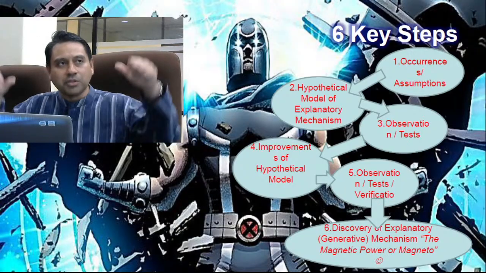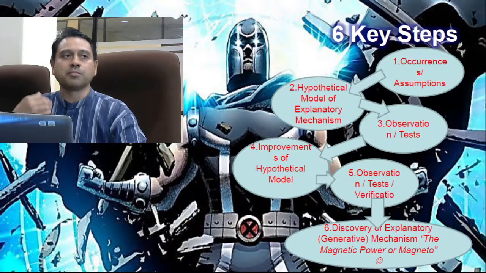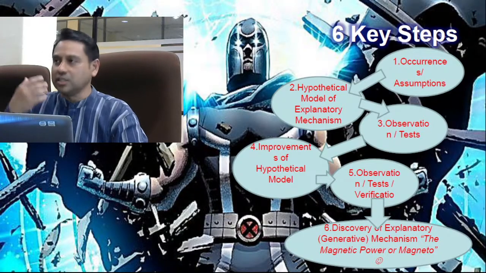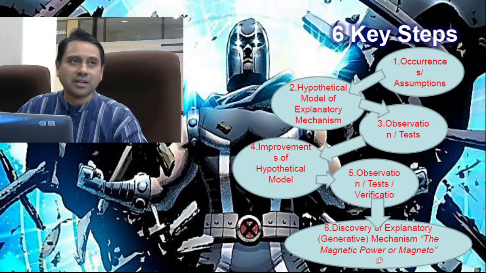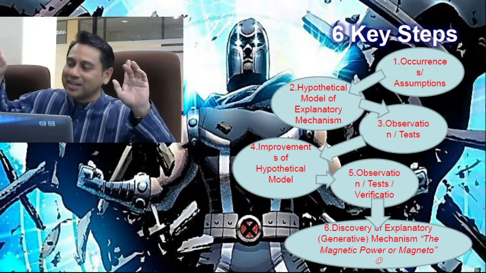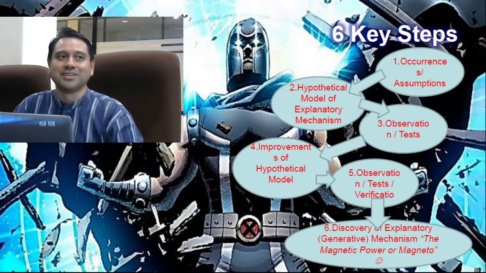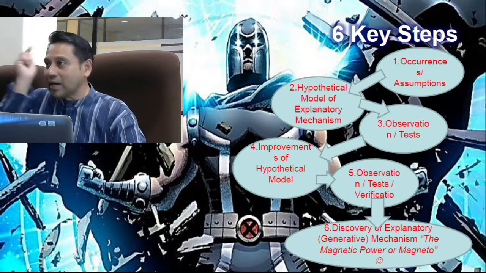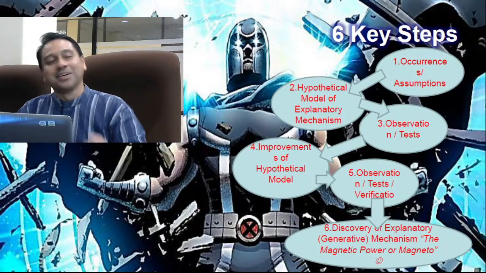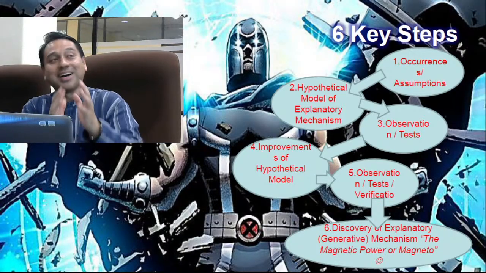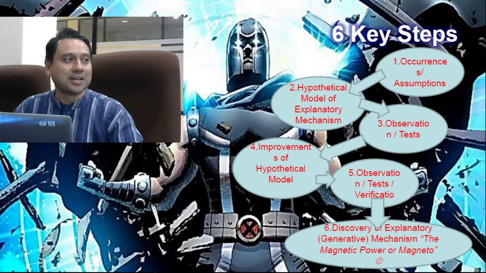And ultimately, number 6, discovery of the explanatory mechanism, as discovery of the generative mechanism. So you can say, this is the magnetic power that I discovered. Or there's actually a magneto behind that that's creating all this havoc. So these are the 6 steps of a retroductive research strategy.